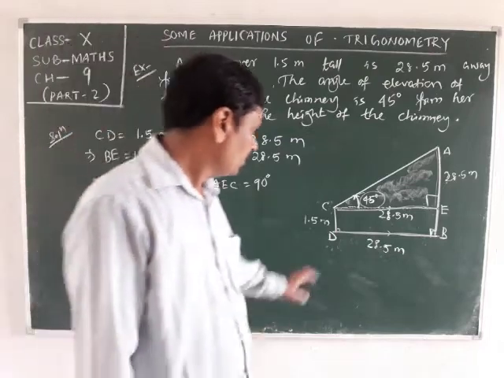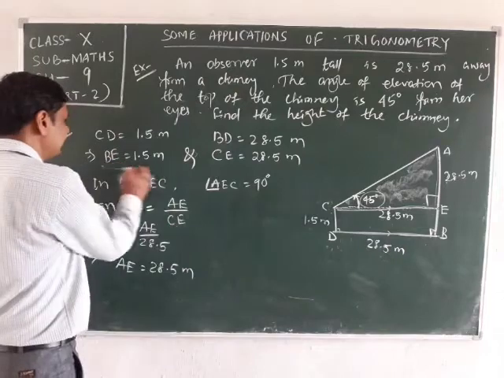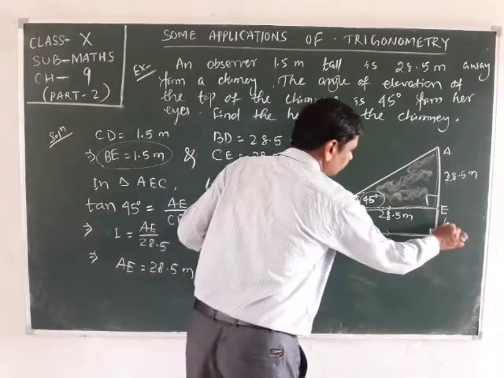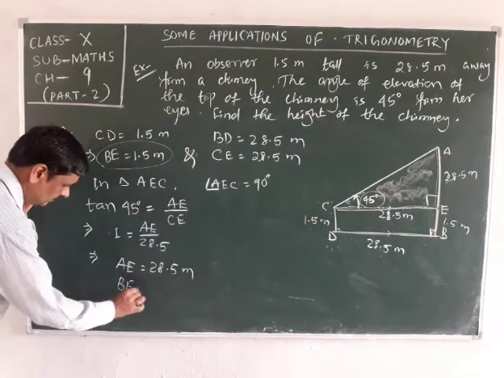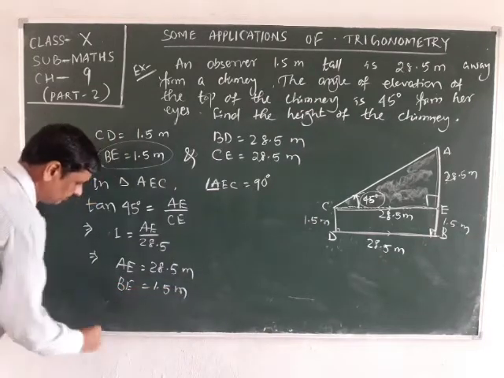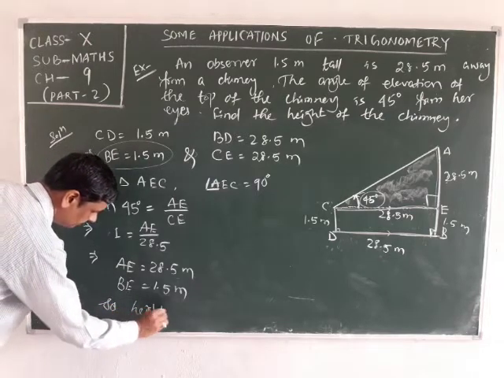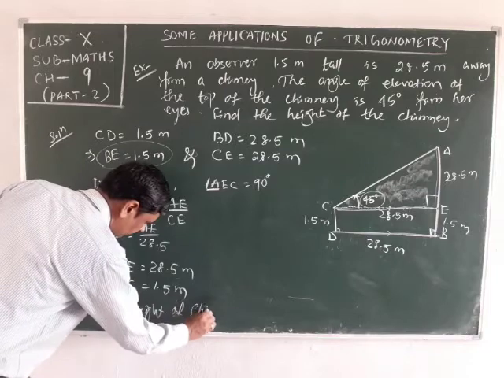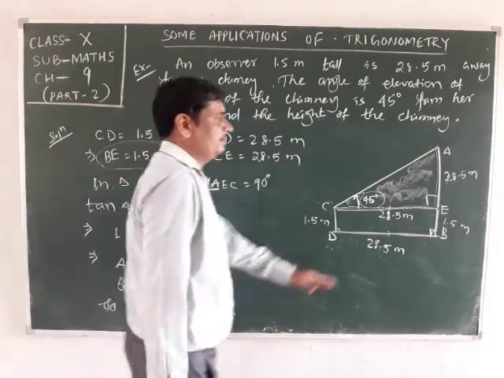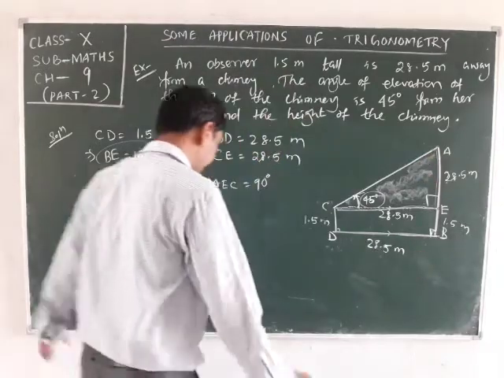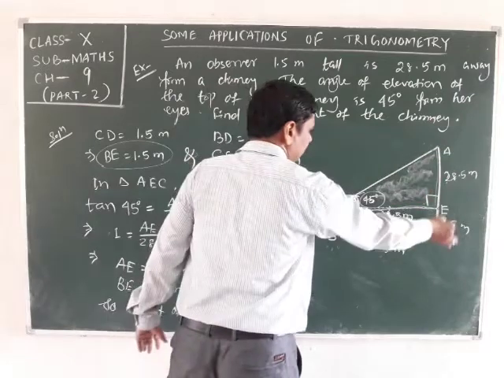Now we have to find BE here, that is mentioned here. BE is 1.5 meter. So, the height of the chimney is considered as AB, which is equal to AE plus BE.